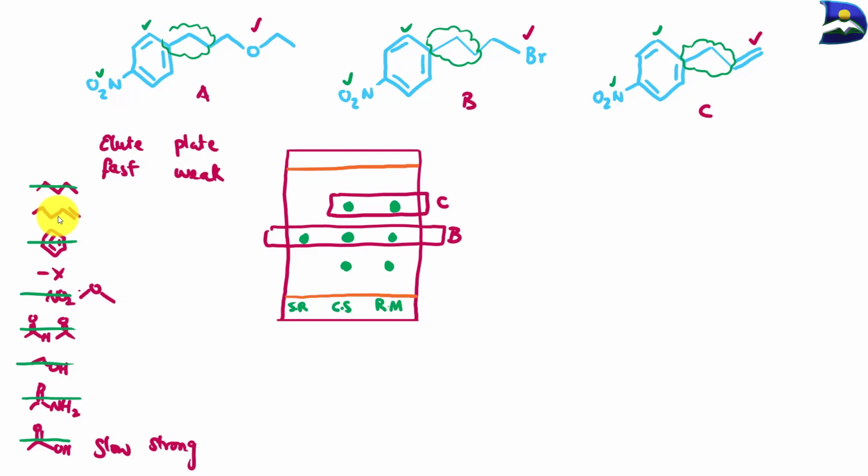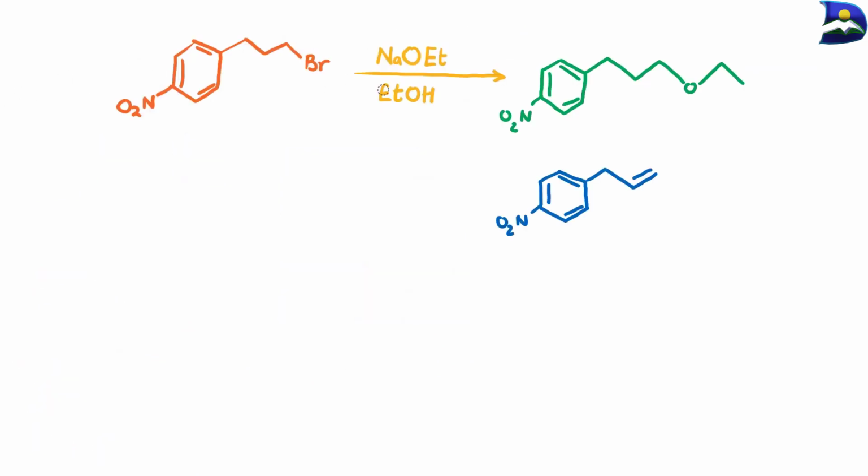While our ether, which has the oxygen present, which will have hydrogen bonding with our silica gel and also a little bit of dipole interaction, will be interacting less with our solvent and more with our silica gel, and this will be labeled as A.